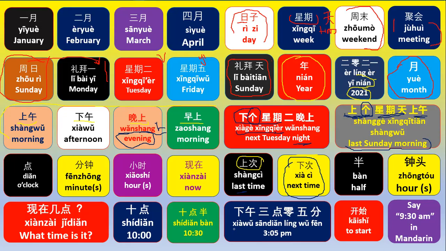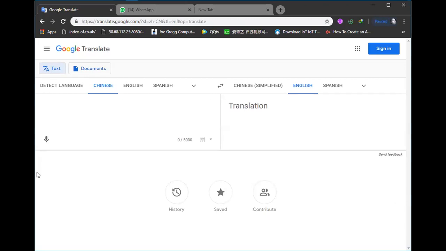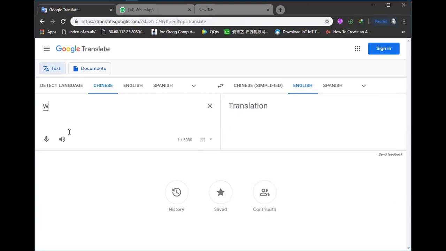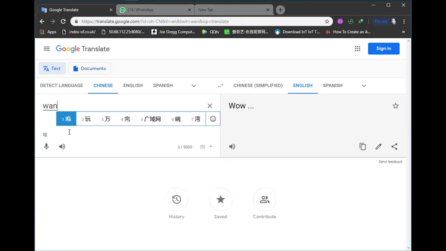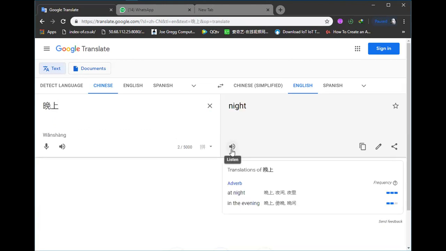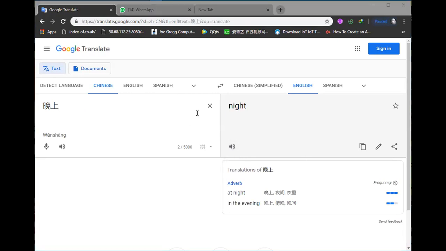From 6 p.m. Also if it is light, for example in summer where I live we have light until 8. That's xiawu, afternoon. So wanshang comes up as evening or night, depending on context.